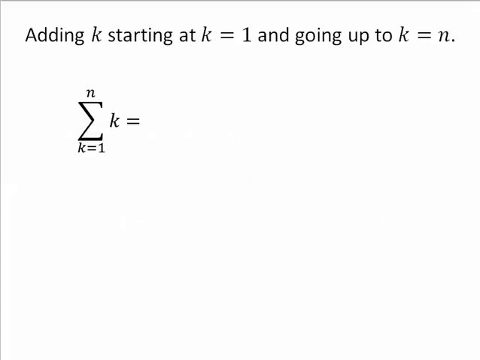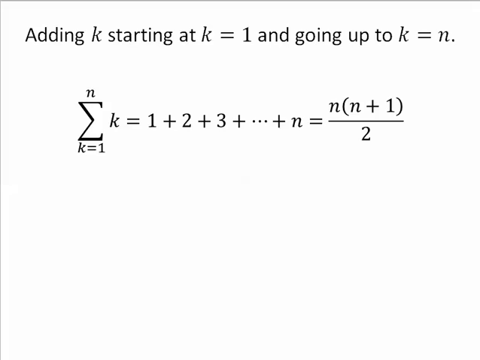Suppose you want to add k, with k going from 1 to n. That means you're going k equals 1, that means that you're going 1 plus 2 plus 3 and so on until you get to whatever your upper bound is. This is the same as if I were to find n times n plus 1 over 2.